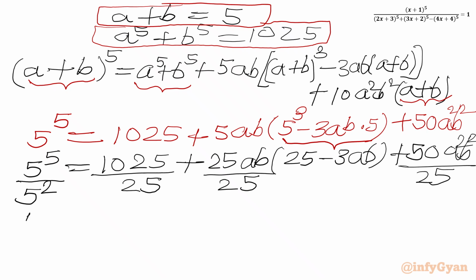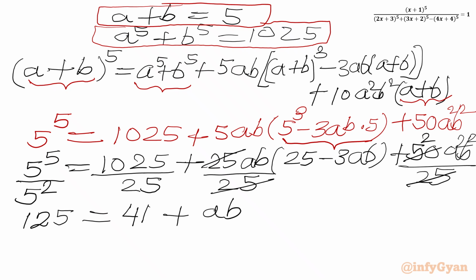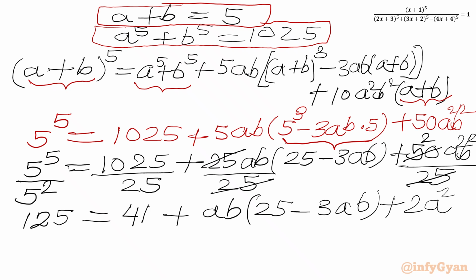Then 5 power 3 is 125, equal to 1025 over 25, which we can write as 41. This 25 will be gone. 50 over 25 is 2. So I can write 41 plus AB in the bracket (25 minus 3AB) plus 2 A square B square.